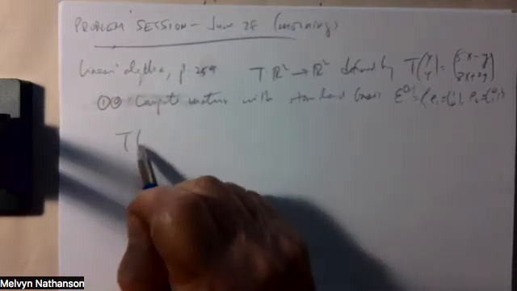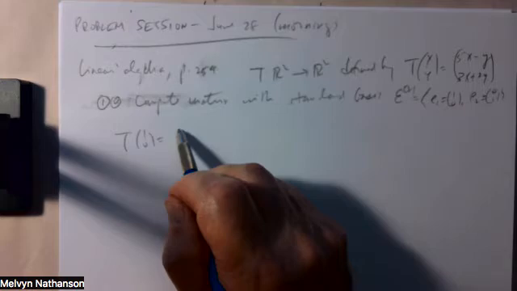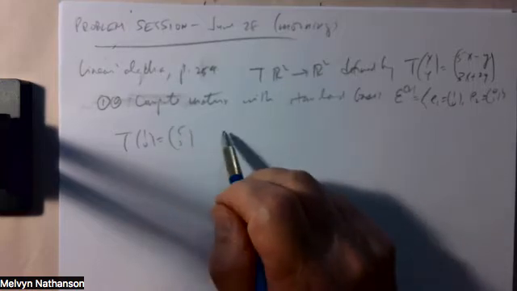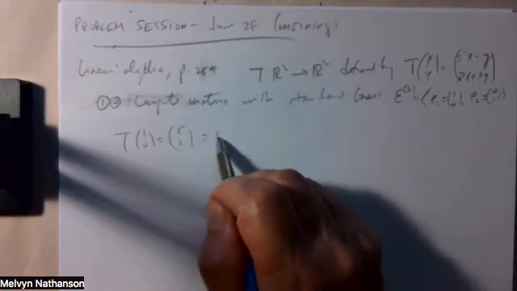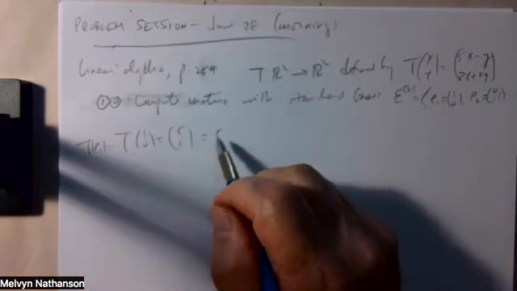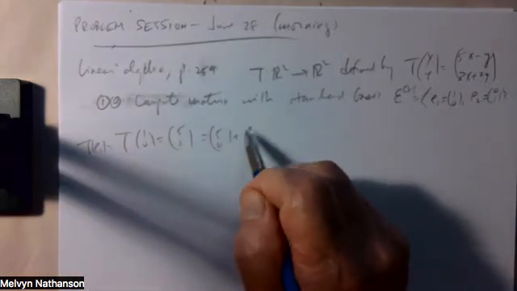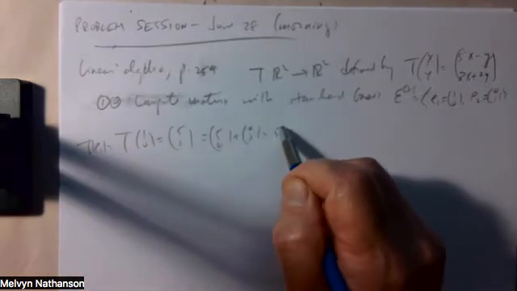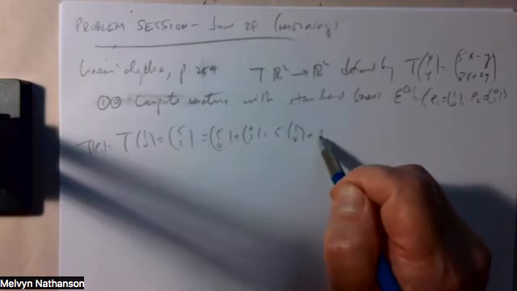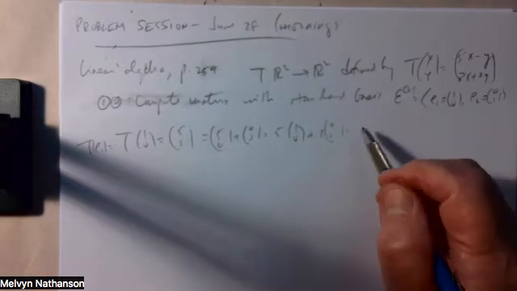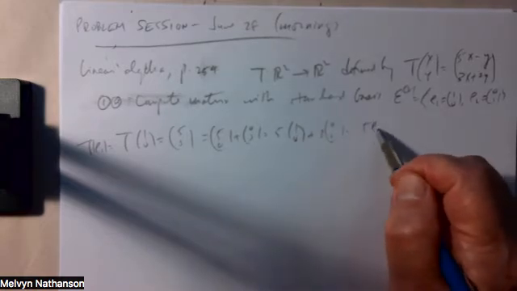So if I take T of (1, 0), when x is 1 and y is 0, we get (5, 3). So this is T of E1, which is the same as (5, 0) plus (0, 3). So this is 5 times (1, 0) plus 3 times (0, 1), or 5E1 plus 3E2.